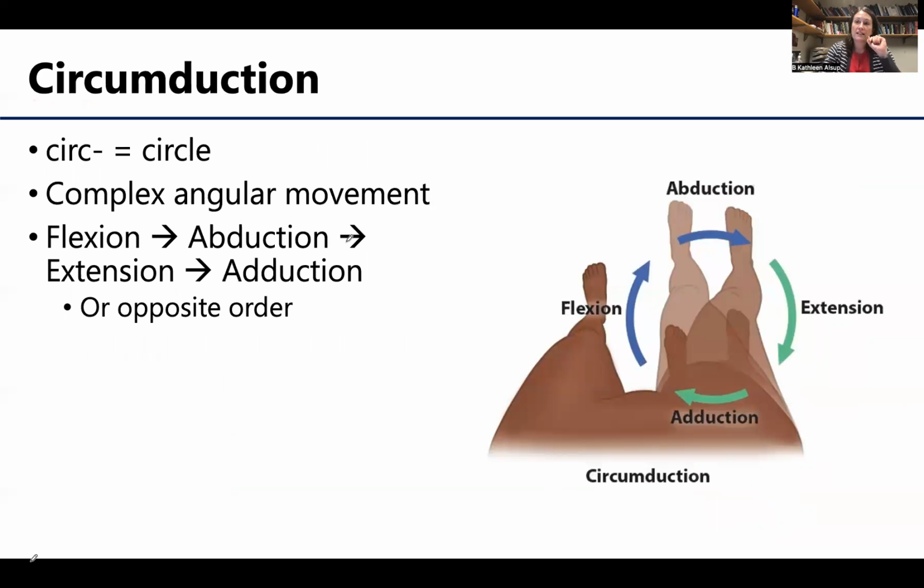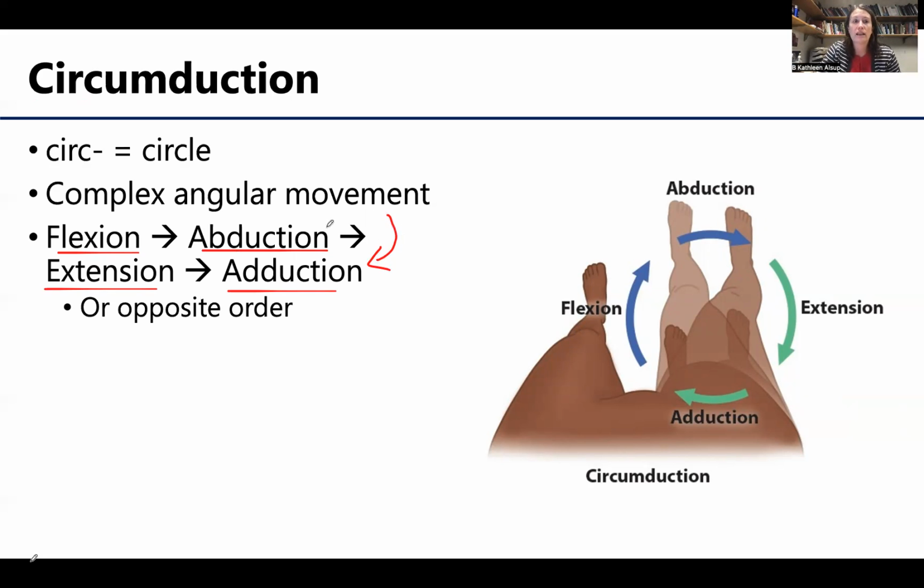Now, if you can flex, extend, abduct, and adduct, or say flex, abduction, extension, adduction, or in the opposite order, if you can do those 4 movements, you can circumduct. And really all this is just a complex angular movement that involves these actions happening in a sequential motion and allowing for an individual to circumduct.